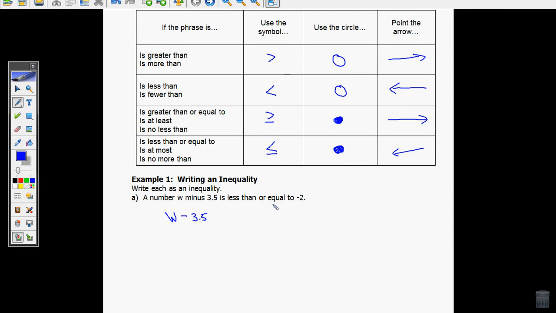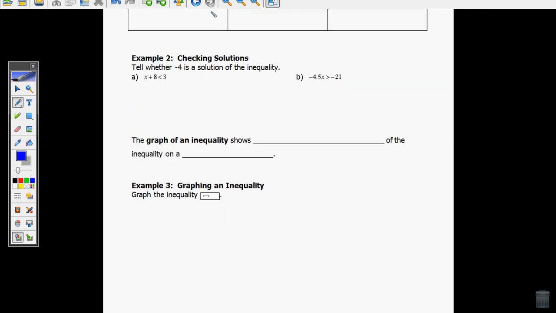Alright, they kind of threw me one there. Is less than or equal to, let's look at our chart. Is less than or equal to, that means I'm using the less than or equal to symbol, -2. Simple. No big deal. Alright, that's all we had to do for example 1. We just had to write it in there.